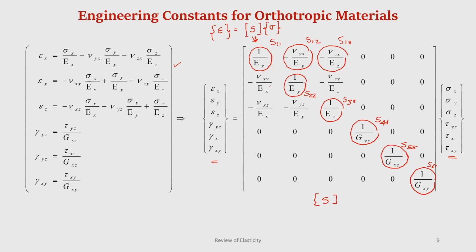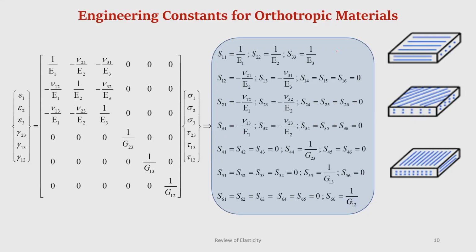We can express the elements of the compliance matrix in terms of engineering constants. What are the engineering constants? 3 Young's moduli E x, E y, E z, 3 Poisson's ratios nu x z, nu y z, nu x y, and 3 shear moduli G y z, G x z, and G x y. Therefore, these are the compliance terms of the compliance matrix in terms of engineering constants.